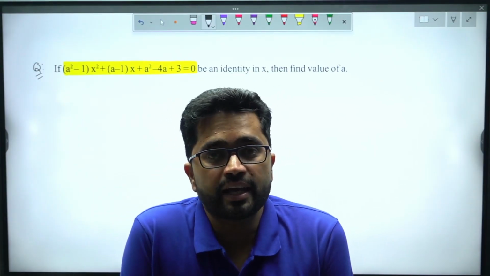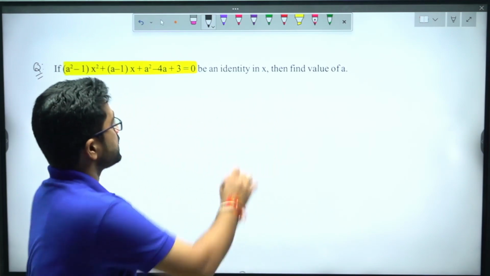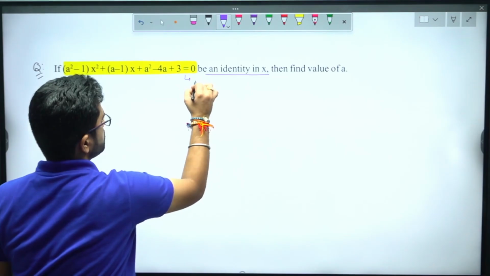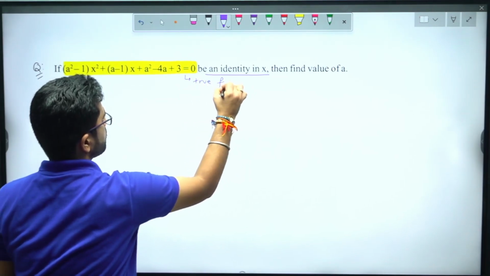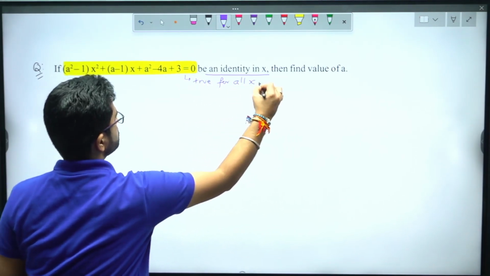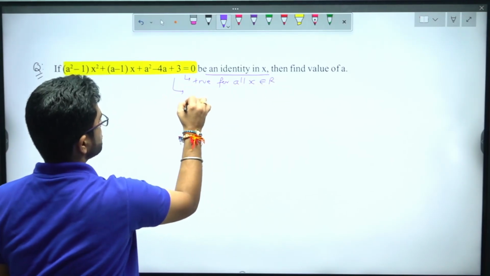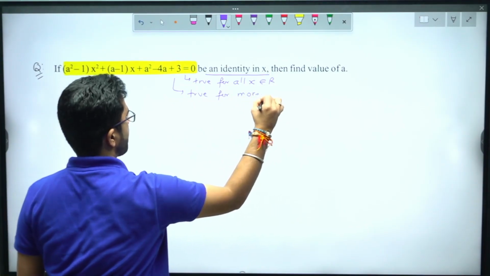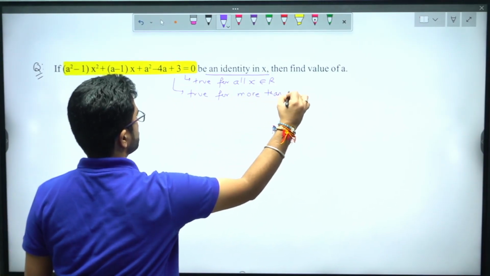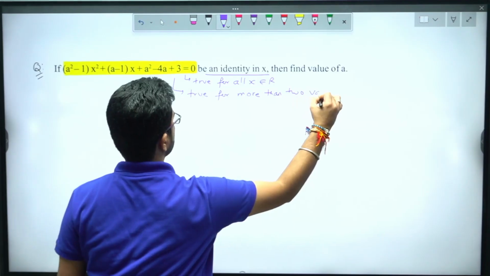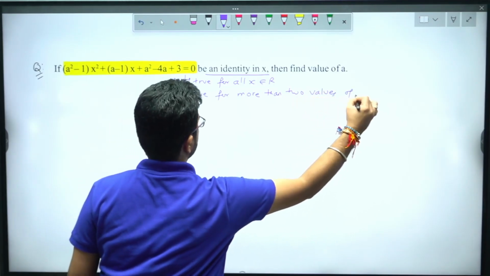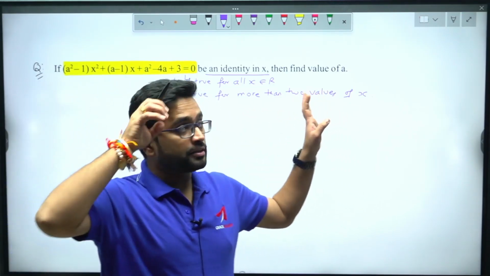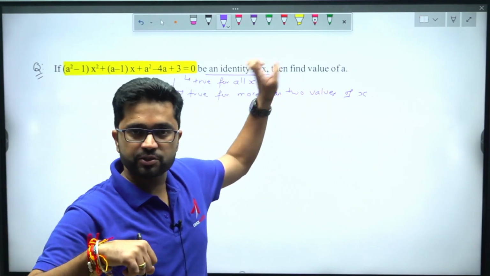They may say this is an identity in x, or in your question they can declare this is identity in x, or they can declare true for all x belongs to real number, or they can say this is true for more than 2 values of x.